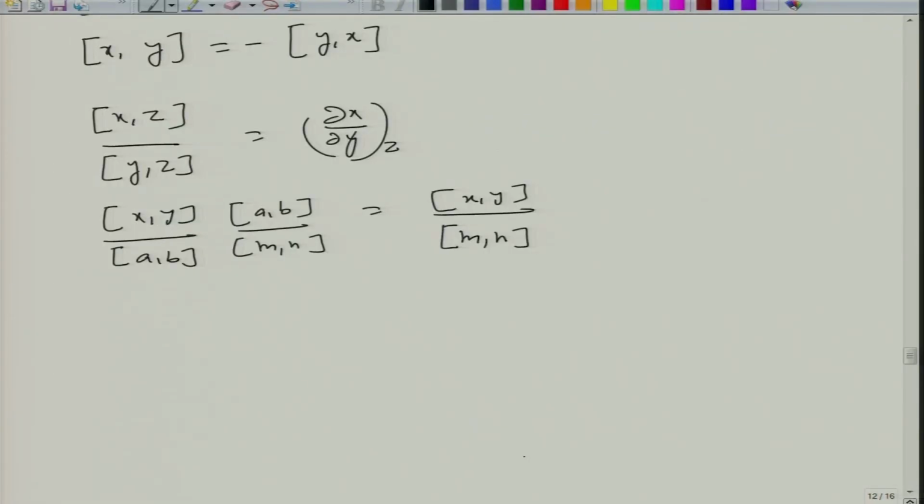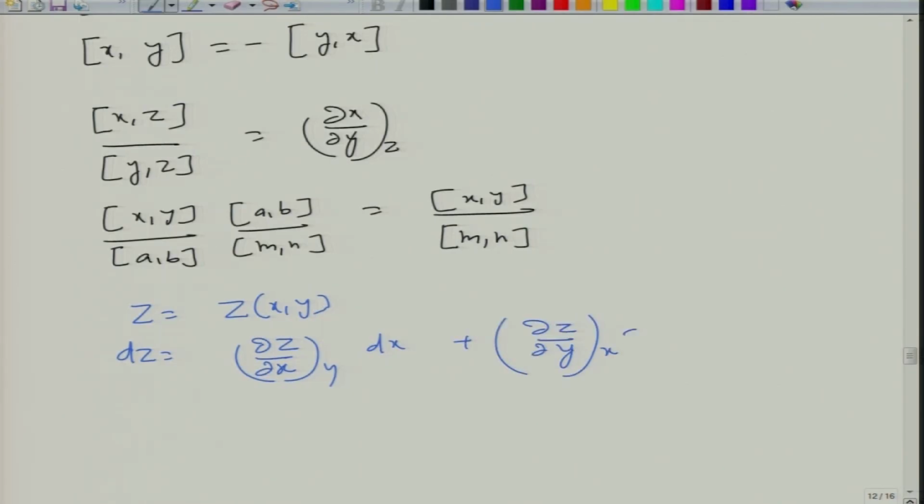Now how do we use it? So let us try to do some examples here. Let's say we consider z is equal to a function of x and y, and we would like to take z into differential form dz, which I can write in the following way. Now here I would like to represent this expression, the partial derivatives, in the form of Jacobian.